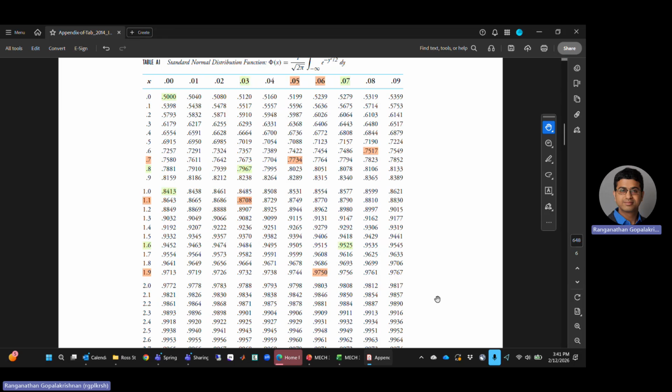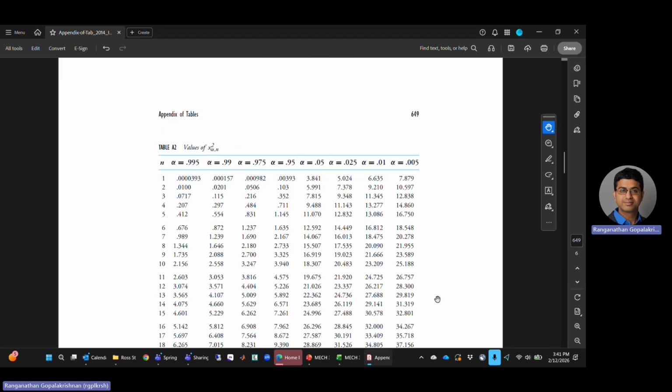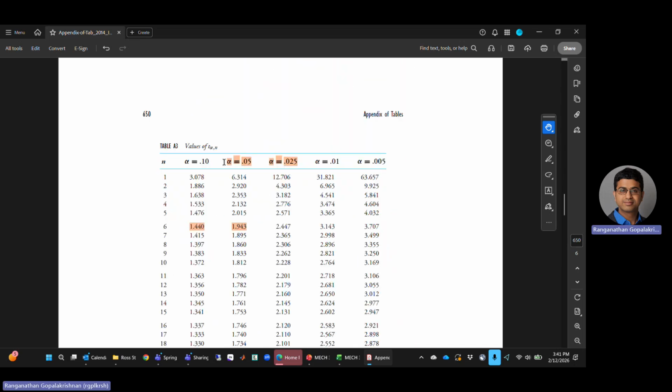And 1.65 is 0.9505, which means the midpoint would be 0.9500. So 1.645 goes to 0.95, and that is the significance level over here. So this alpha matches with the last entry for the normal distribution.